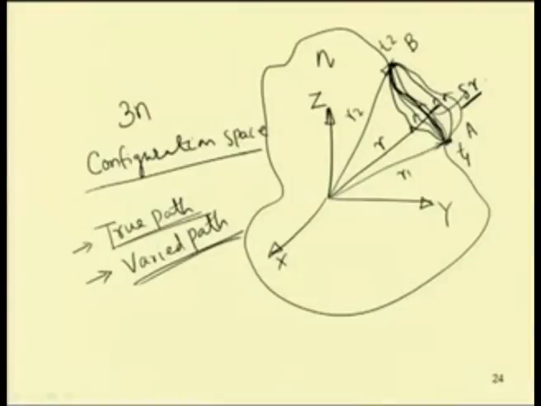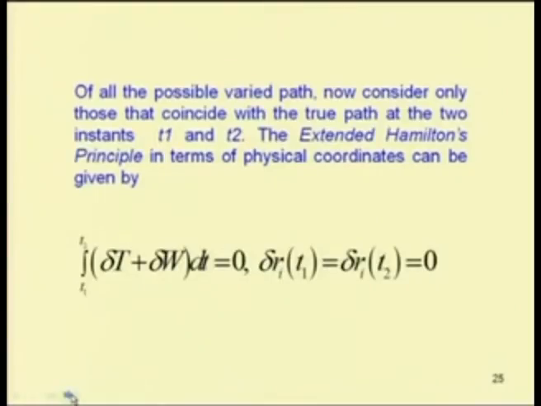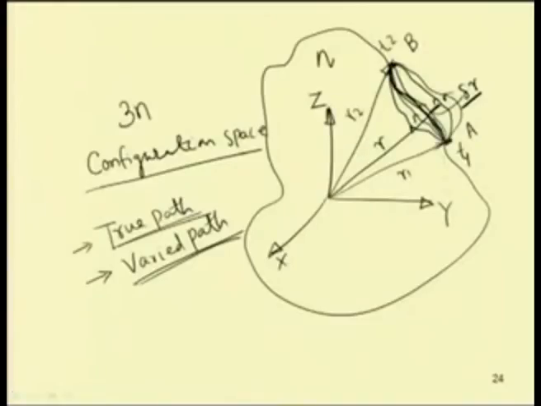Using this concept, we can derive or write the Hamilton principle. In this Hamilton principle, we are assuming all those varied paths for which, at time t1 and t2, the true path and varied path coincide.